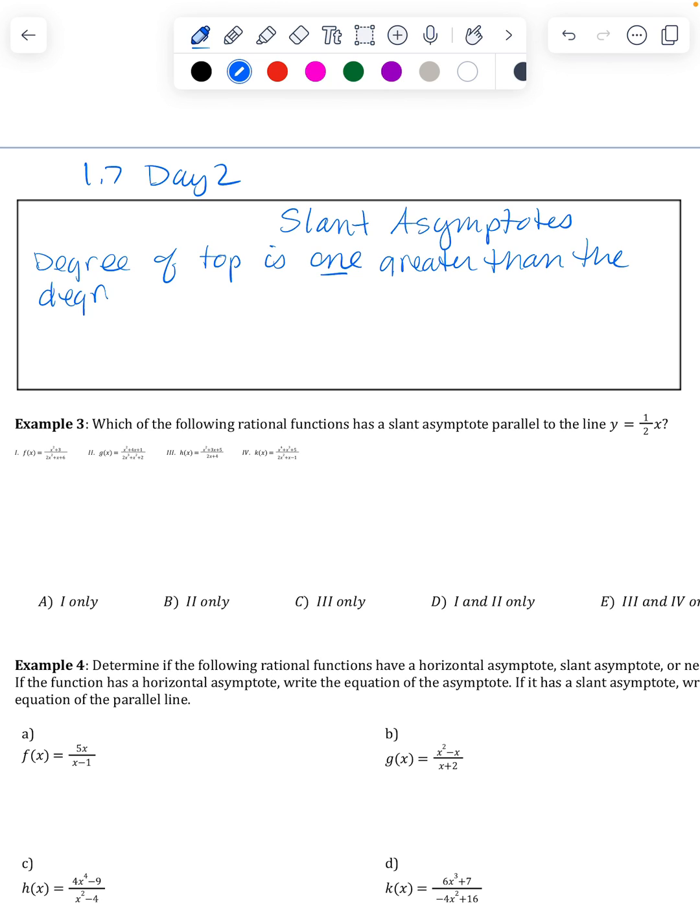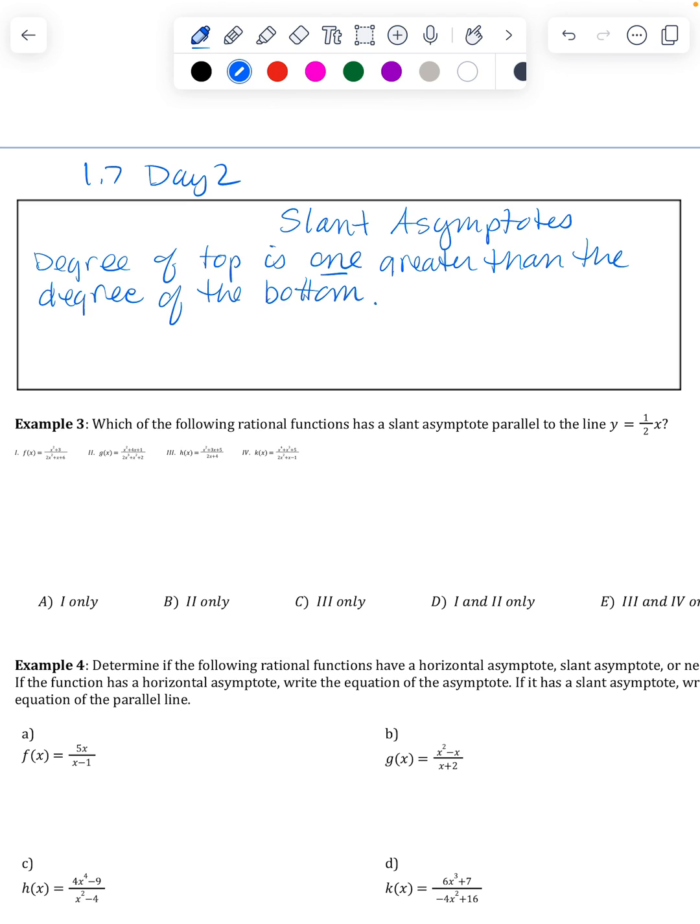Now we're going to pretend I use numerator and denominator because we're trying to be fancy, but I don't want to write that. So I'm writing degree of top is 1 greater than degree of the bottom. So the top is bigger than the bottom. That guarantees you will not have a horizontal asymptote, but you will have a slant asymptote if the top is 1 degree higher.